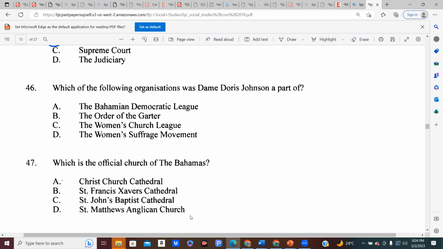Do you think it's A, B, C, or D? Again, put what you think it is in the chat. So far nobody has put their answers in the chat. Make sure to number it, so put 46A, 46B, or 46C, whichever one you choose.